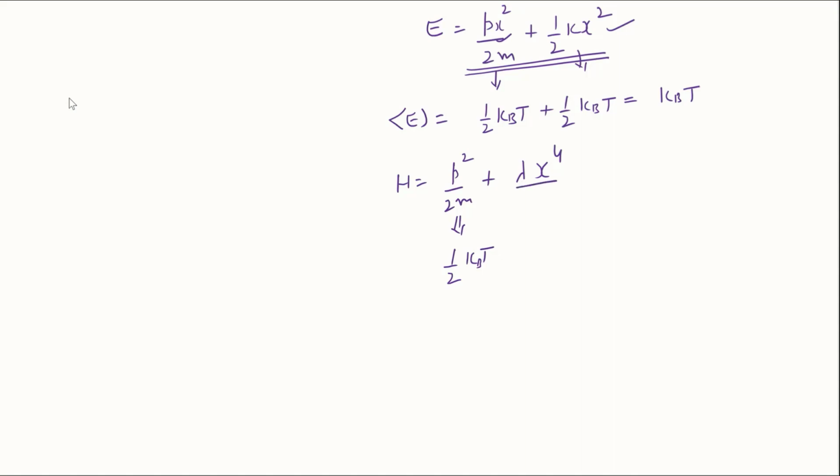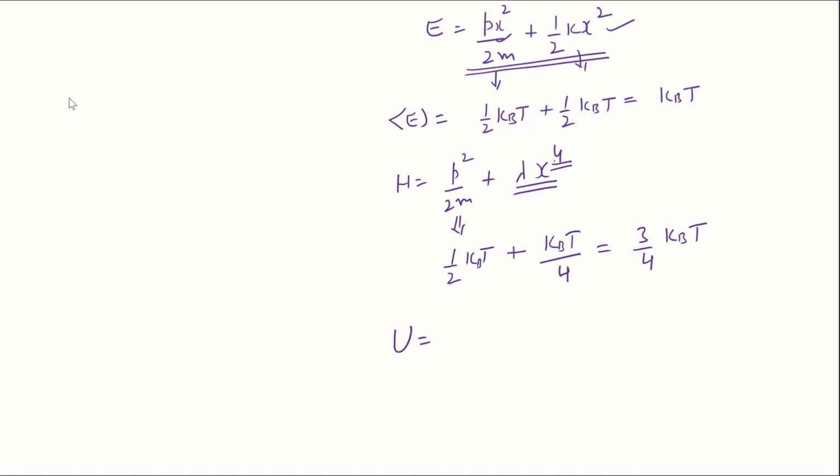But for the second case, which consists of an energy term having the fourth power of the displacement, the average energy contribution will be kT divided by n, where n is the index of the displacement. Here it's 4, so we write 4 here. If you just solve it, it will come out equal to 3 by 4 kT. So that is for one single oscillator.